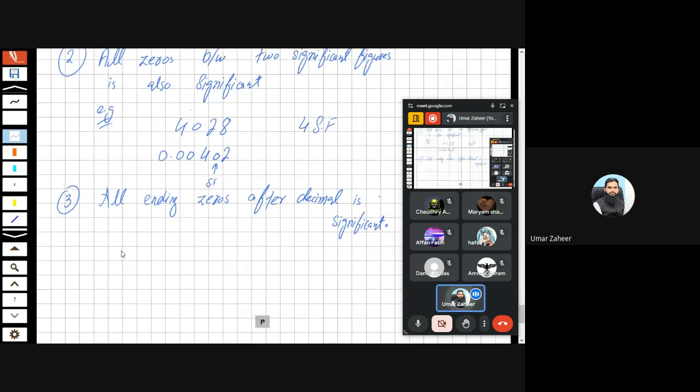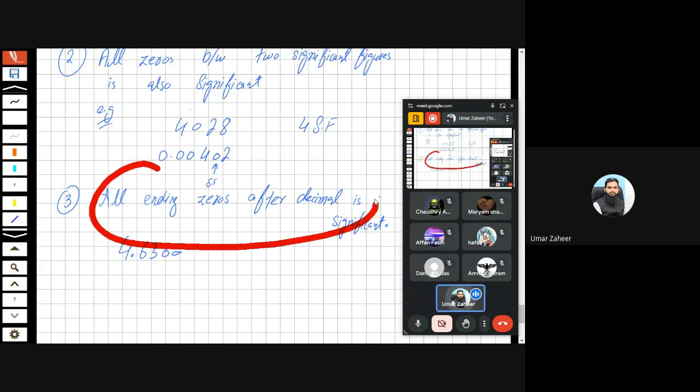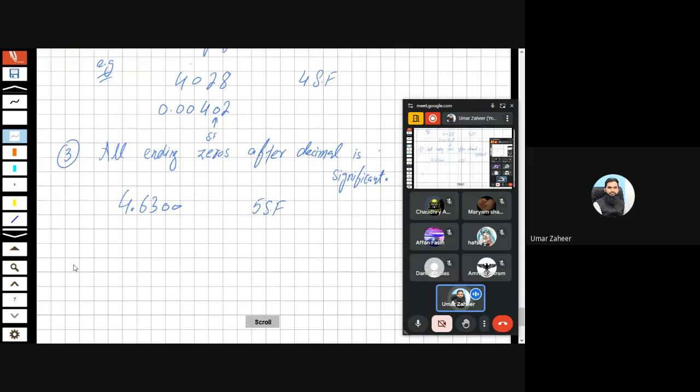For example, you have 4.6300. So 4 is significant because it is a non-zero digit. 6 is significant. 3 is significant. They are the ending zeros after the decimal. So according to this rule, these two zeros are also significant. So there are 5 significant figures here.